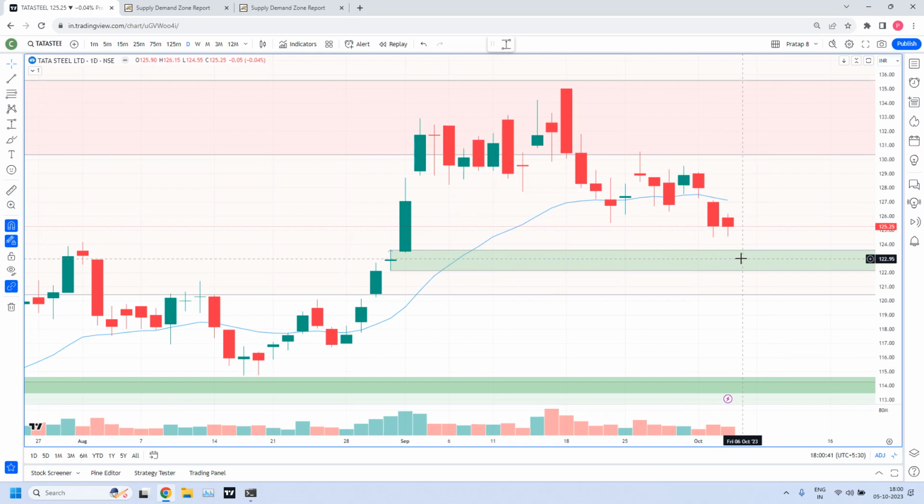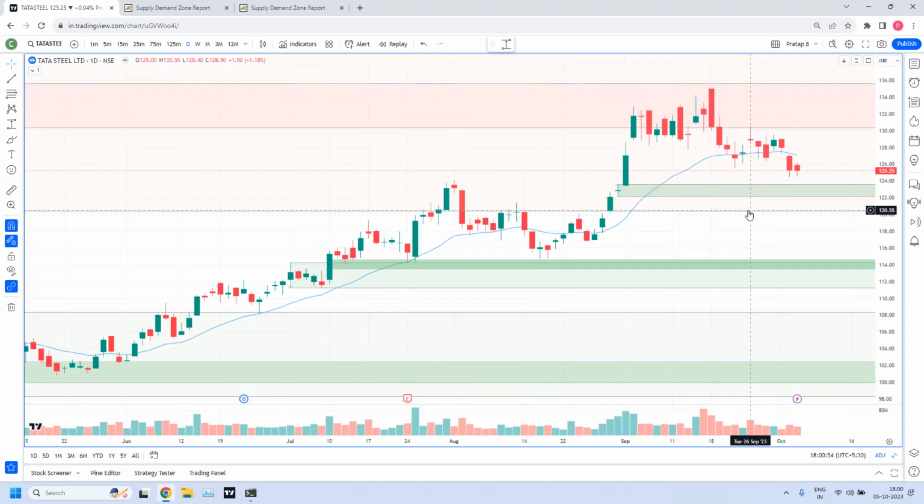It is allowed. Probably use this zone only for your intraday long opportunities. Don't go for short-term trading or swing trading. It is quite risky trading inside the monthly supply zone. So this is about Tata Steel. We didn't get the entry.